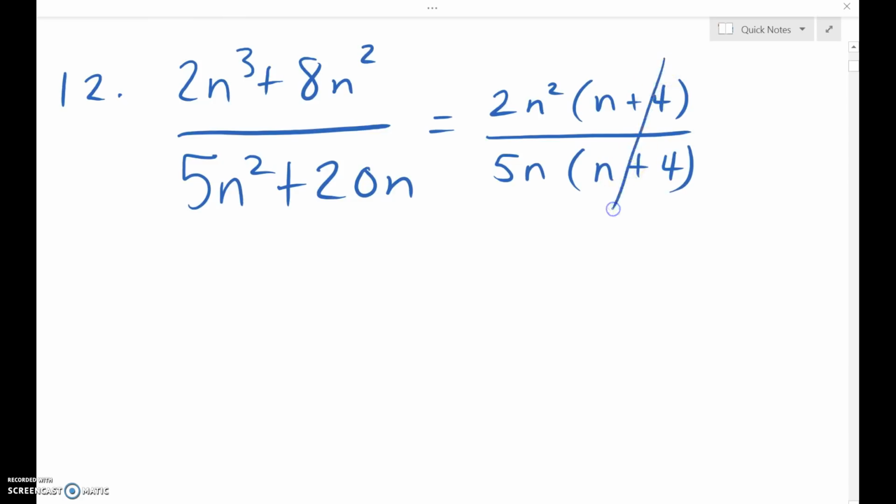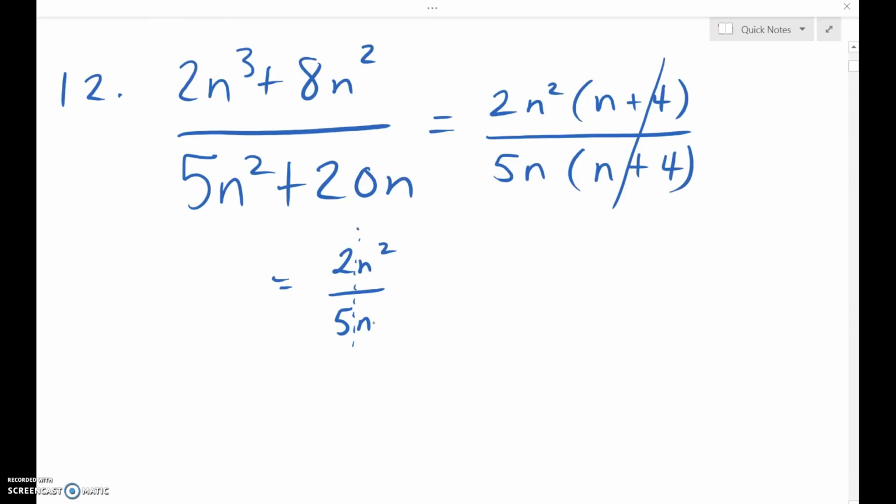So these two cancel out, and I'm left with 2n squared over 5n. Now, there's no more plus or minus signs, so I don't have any terms that I need to worry about. So I can still continue trying to simplify by canceling things out. Now, my 2 and my 5, I look at separately from my n's.